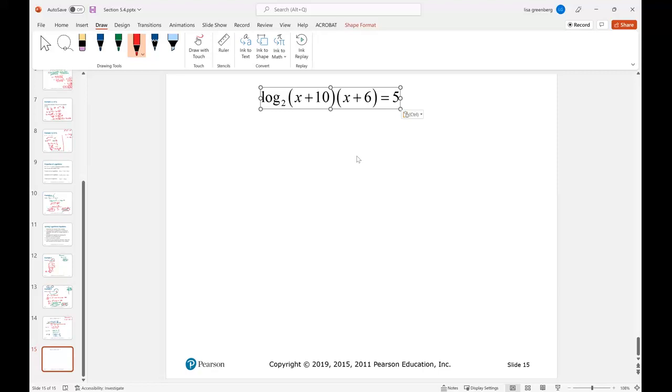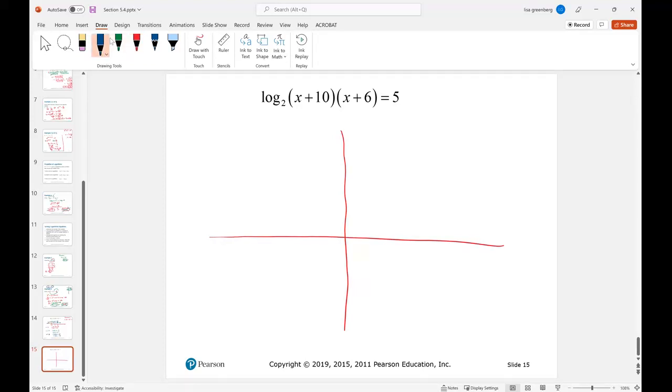We can paste it. Okay, so another way, if you feel very comfortable with graphing parabolas, well, we know this is positive, and we know we have a 0 at -10, and we know we have a 0 at -6, right? And I know this opens up.